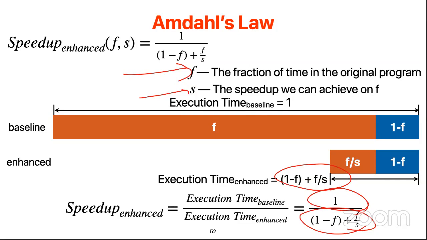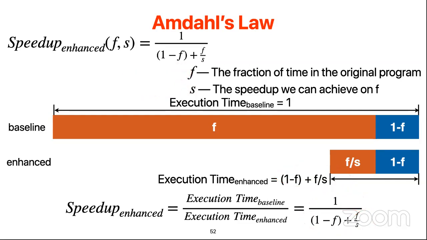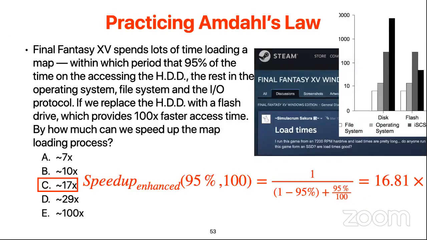It's just a reshape of the speedup equation. However, it really gives us a lot of convenience if I just don't have the complete execution time, right? Like this Steam post, right? Some people say that they ran it again on a hard drive and it takes so much time.